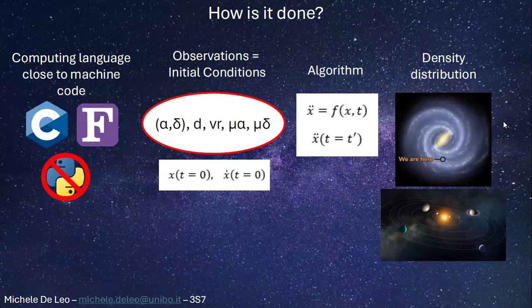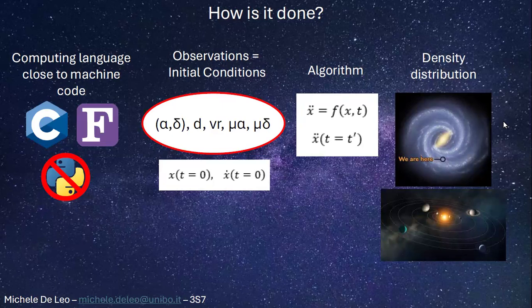That's why most integrators use C, Fortran or C++, or one of the many Fortrans that exist. There are some like GalPy that are Python, but usually it's a Python wrapper for a C package. You start with your initial conditions, which are the observables, and then you use an algorithm to go from the observables to the expressions for the acceleration, so the expressions of the force that's acting on your tracer.